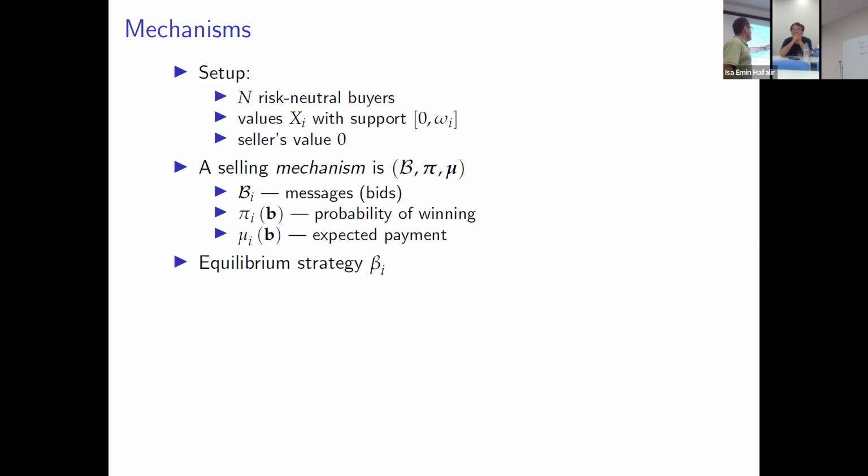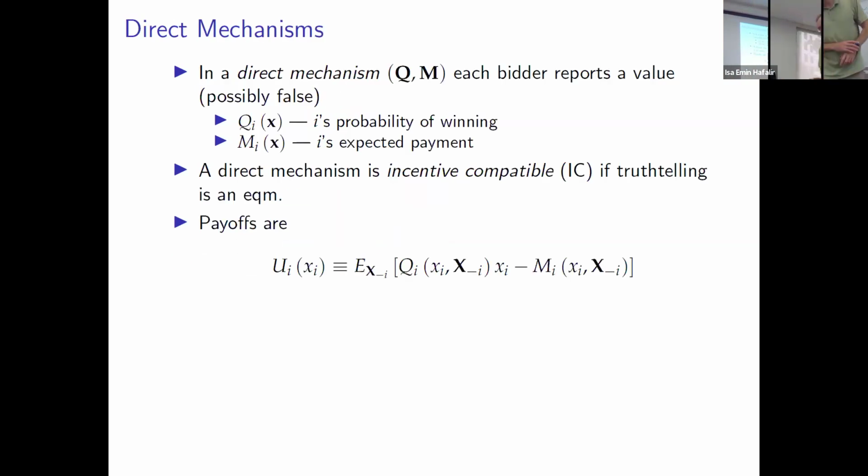And let's say that the seller's value is 0. Then we can consider a selling mechanism in which there will be some messages or strategies or bids that are used. And there is going to be some probability of winning, and there is going to be some expected payment. And we are considering an equilibrium strategy denoted by beta_i for player i.